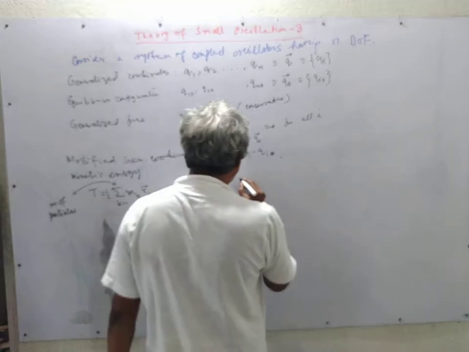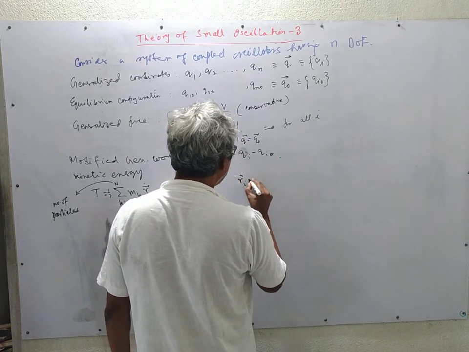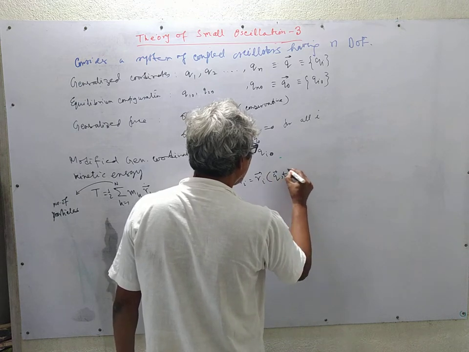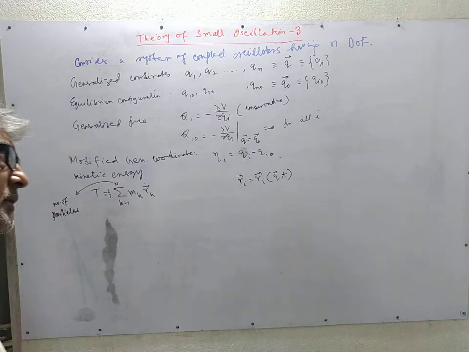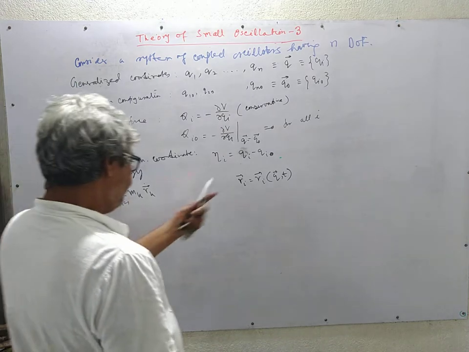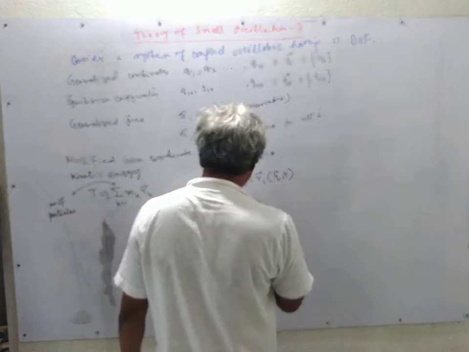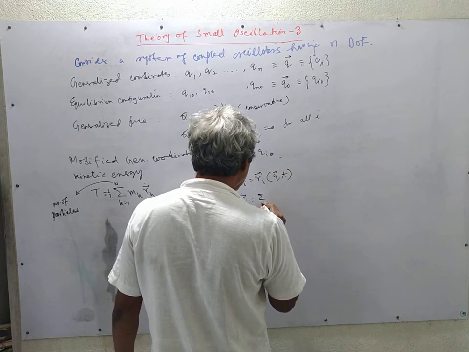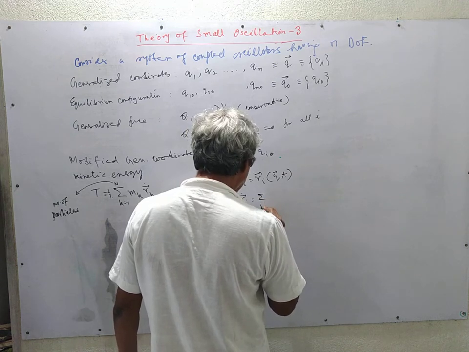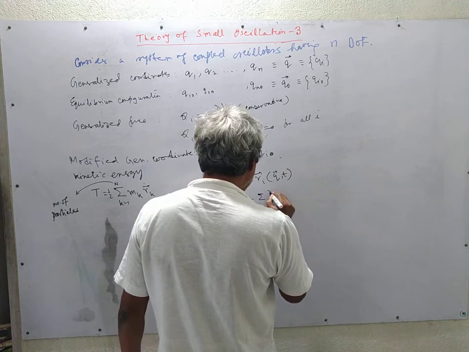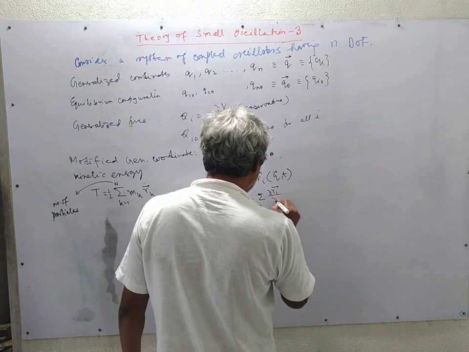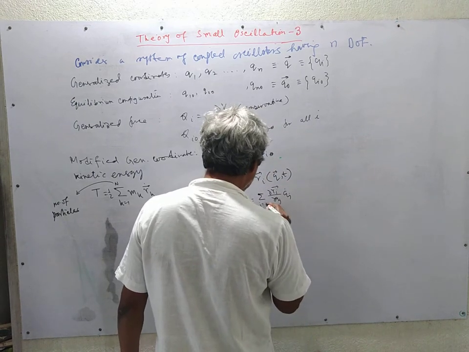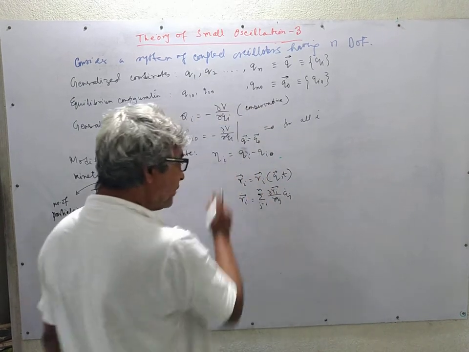Now, in general, ri can be written as ri of q and t, which is a function of generalized coordinates qi and of t. So ri dot is summation over j del ri del qj times qj dot, where j is from 1 to n.